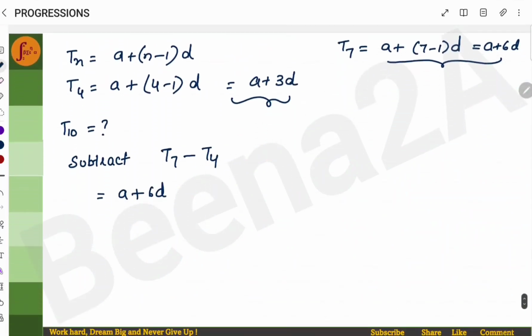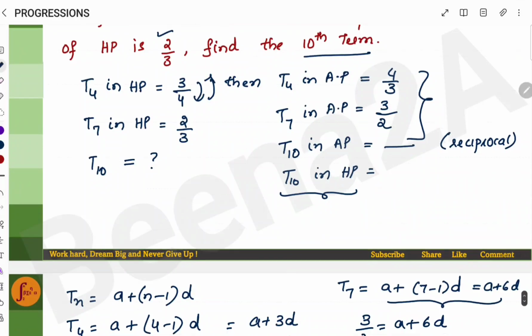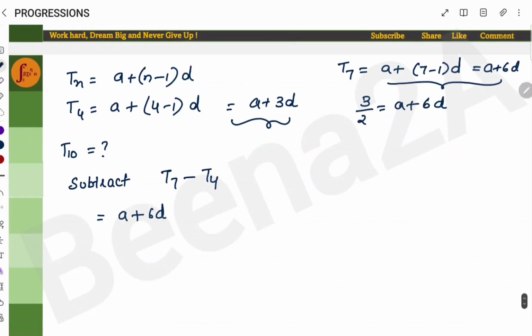So we write 3 by 2 is equal to a plus 6d. And the fourth term is 4 by 3, so we write 4 by 3 is equal to a plus 3d. We can call this equation 1 and this equation 2.